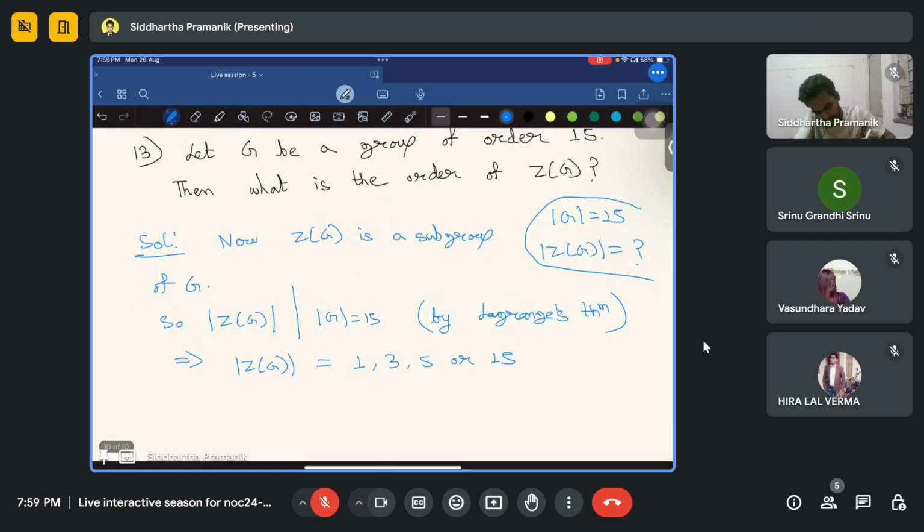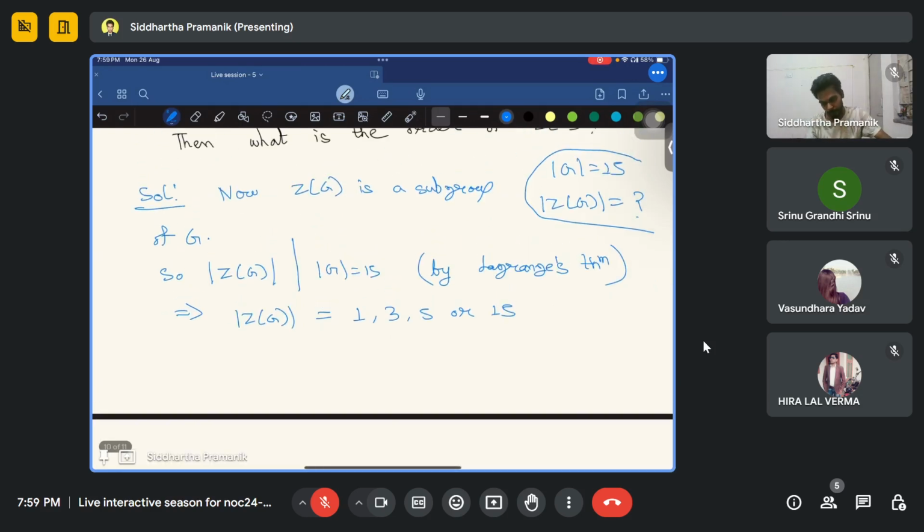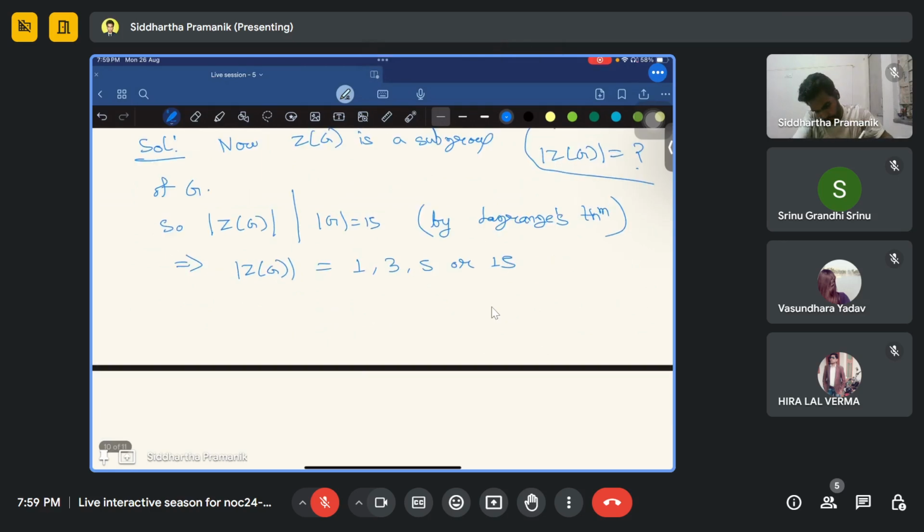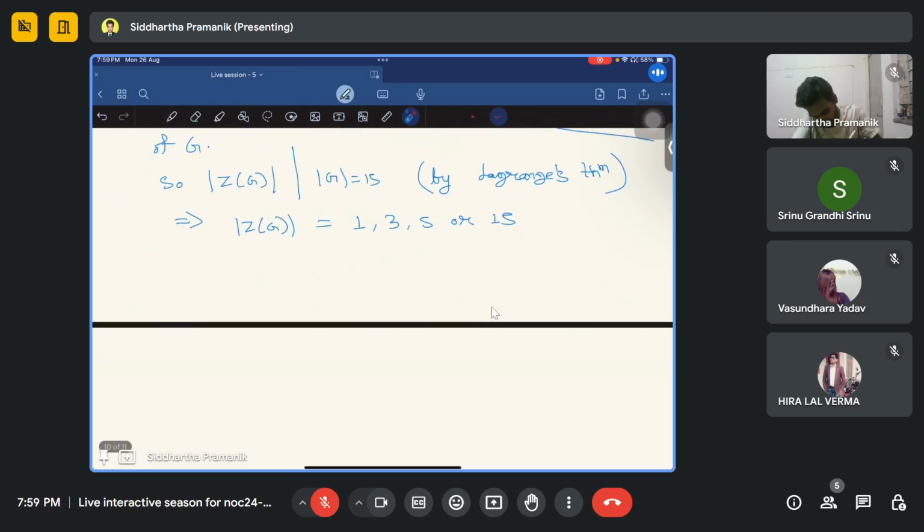So let's see which are the possibilities. My claim is that the order of ZG is either 1 or 15.